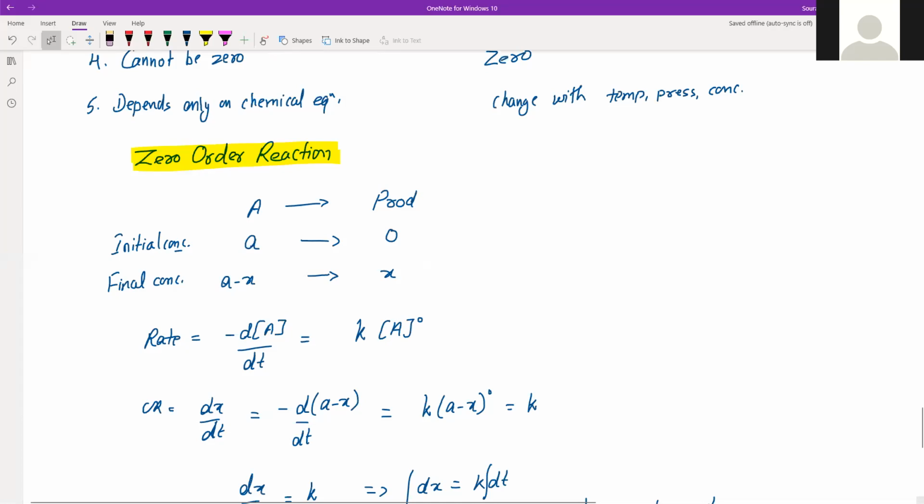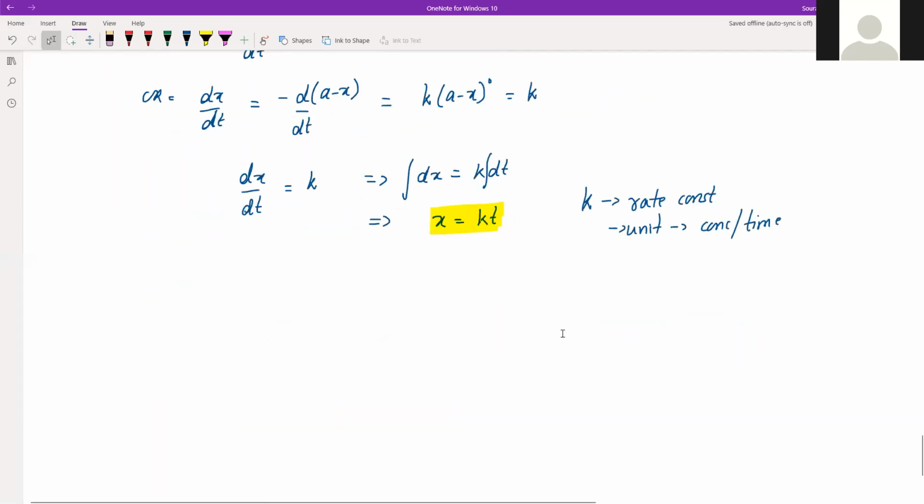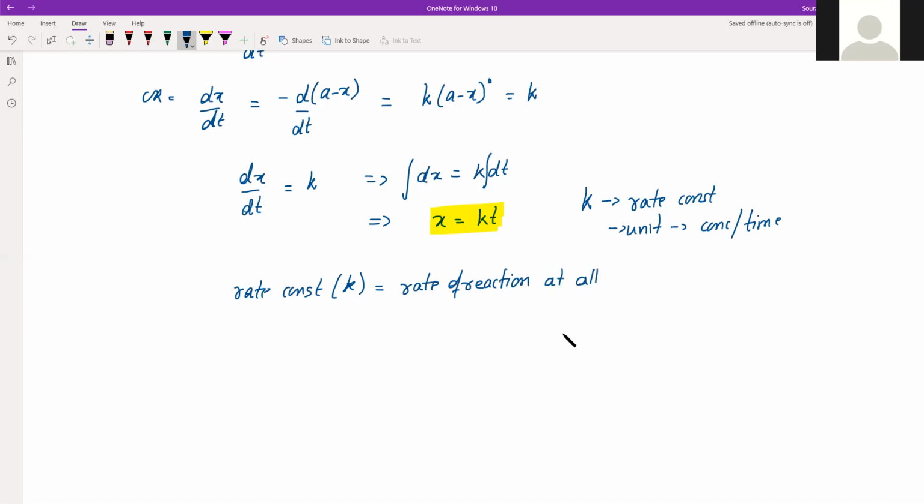Now let's move to the next, that is first order reaction. So I think this is clear here that this rate constant, what is the rate constant? K. This K is equal to the rate of reaction at all concentrations. Generally, the rate of reaction changes with concentration, right?